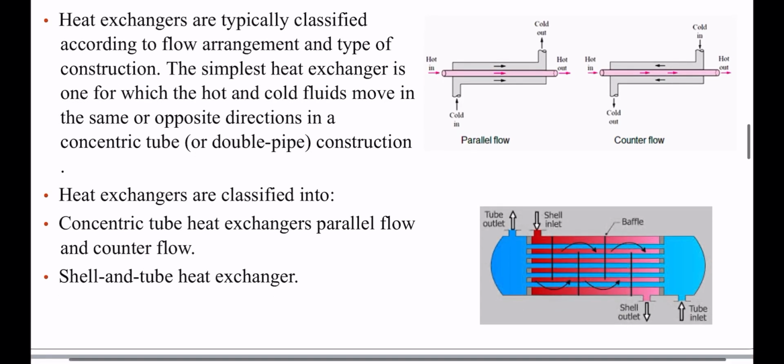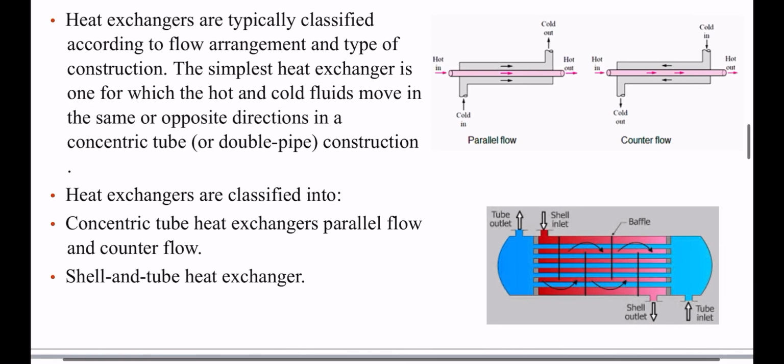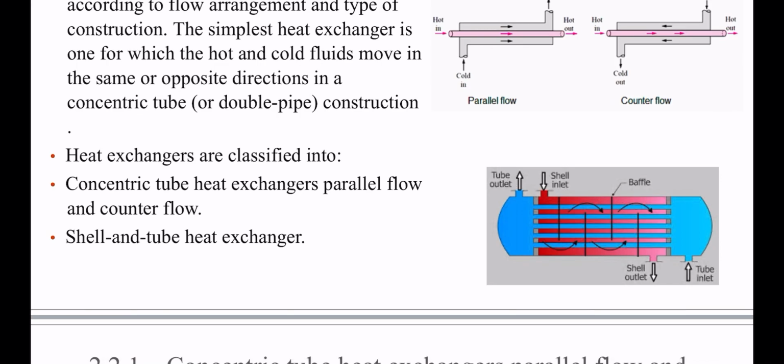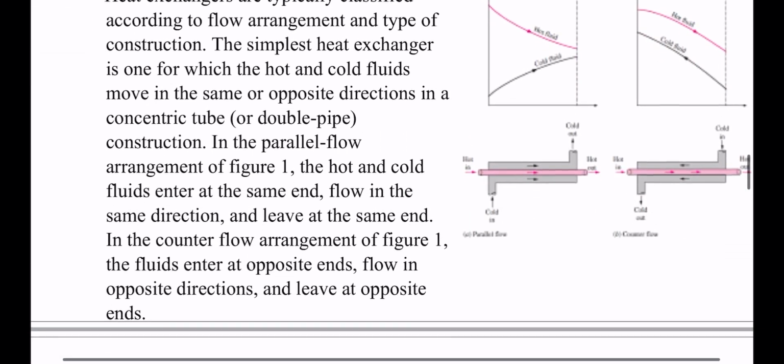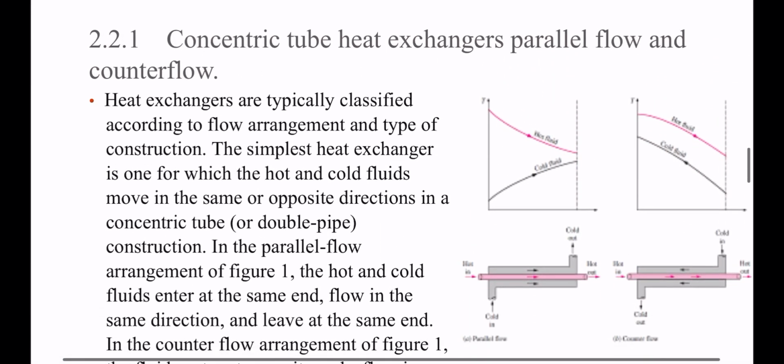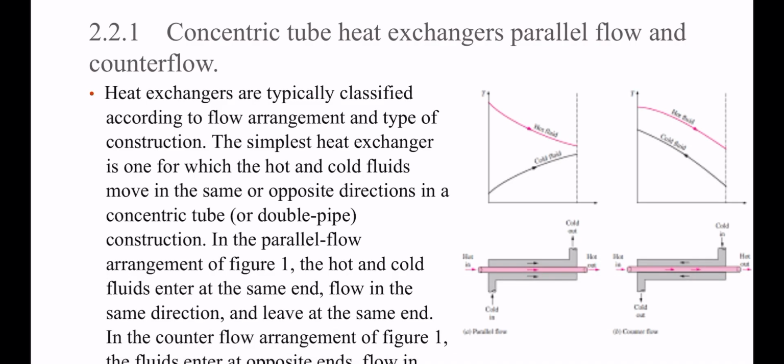Heat exchangers are classified into concentric tube heat exchangers, parallel flow and counterflow, and shell and tube heat exchangers. We're going to talk specifically about the shell and tube heat exchangers in the next slide.